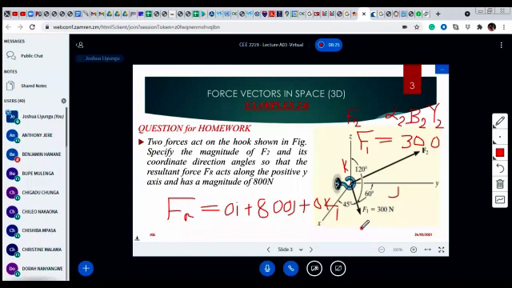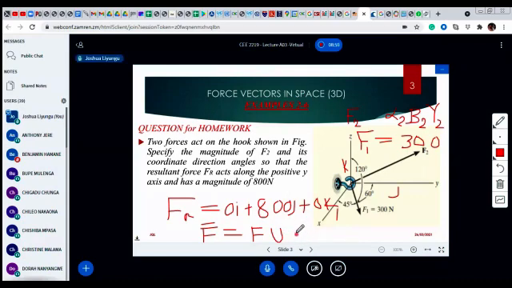Then, again, you need to remember your equations. Your force vector F is equal to F, the magnitude, times the unit vector.